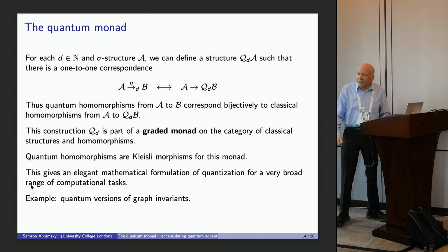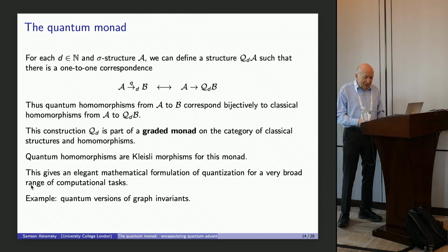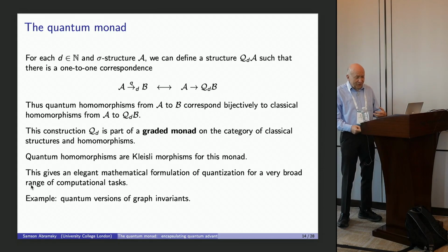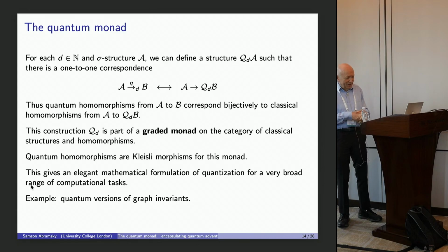And to give one example, coming back to graphs, as we mentioned, having a coloring, for example, a 3-coloring or a 4-coloring of a graph classically corresponds to the existence of a graph homomorphism from the graph into the complete graph on 4 elements or whatever the number of colors is.